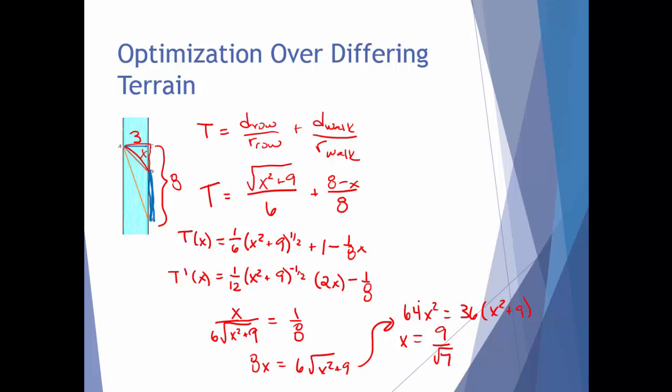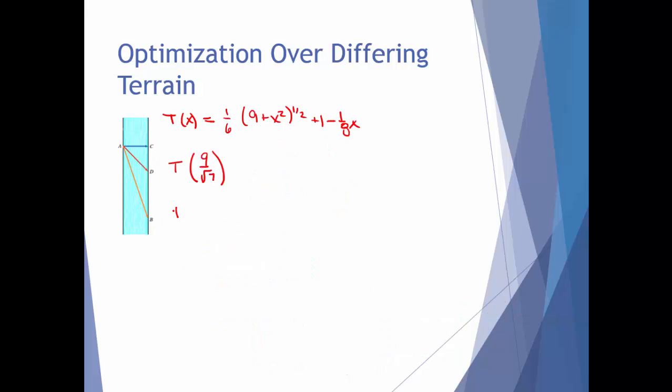But again, as we saw in the last example, we need to check and see if letting x equal 9 over the square root of 7 is in fact going to give me the fastest time, or the smallest amount of time, by plugging that into my time function. But I'm also going to have to take into consideration what would happen if she were to have rowed directly across and then run all the way down.